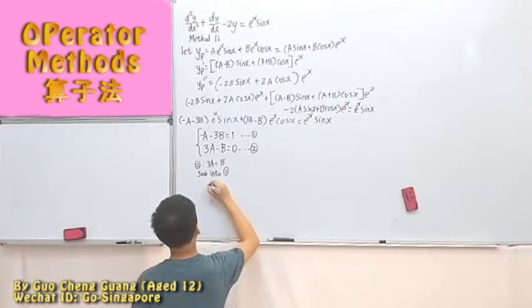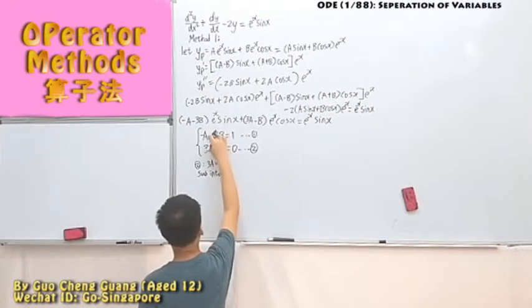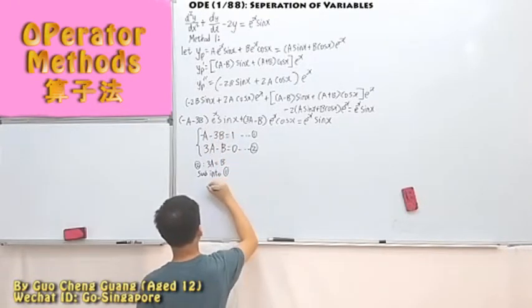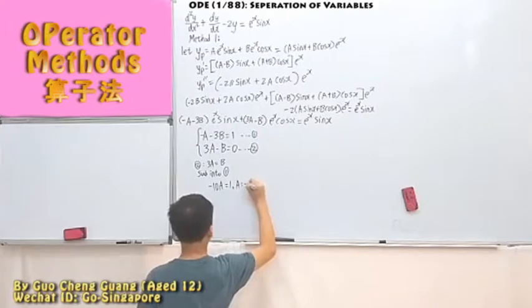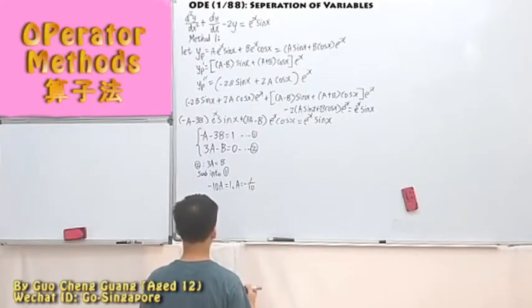Okay? So that means that part we'll have minus 9a. So minus 10a, and this is equal to 1. Then a would be negative 1 over 10.